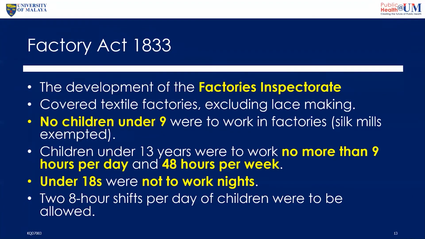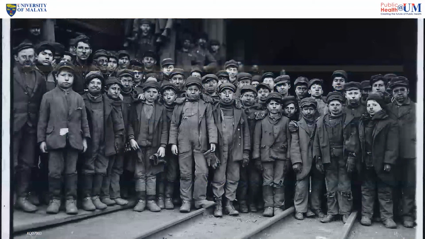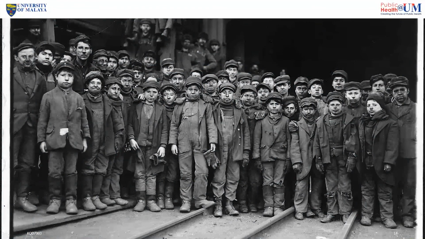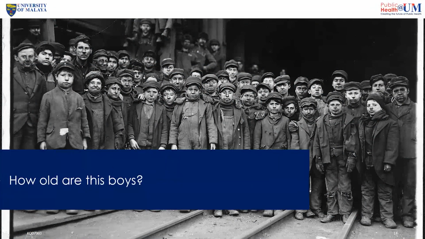Okay, let's move on. All right. Let's look at this same picture again. Correct? We saw this picture before. All right. How old are these boys? Anyone? By looking at their face, by looking at their stature, by looking at their height. They're all definitely below 18. Okay, below 18.